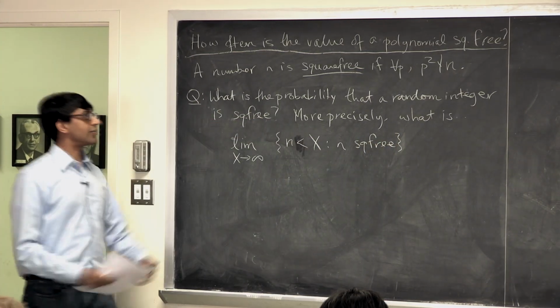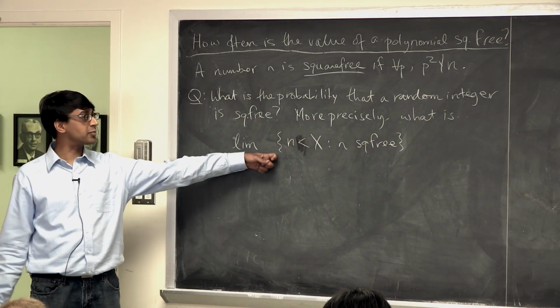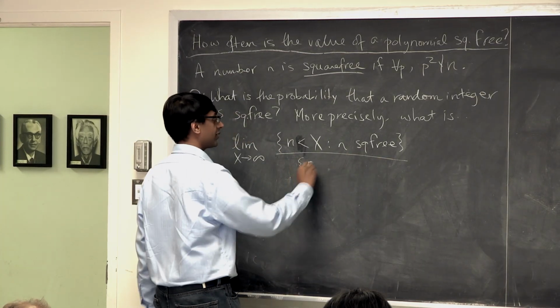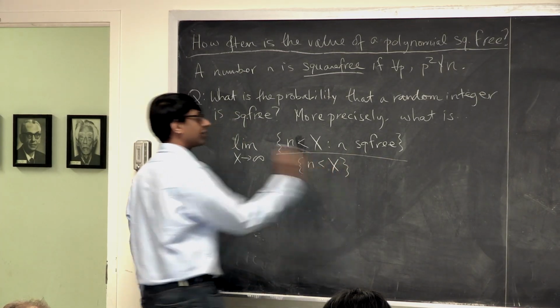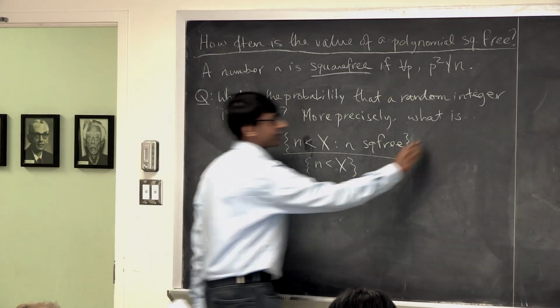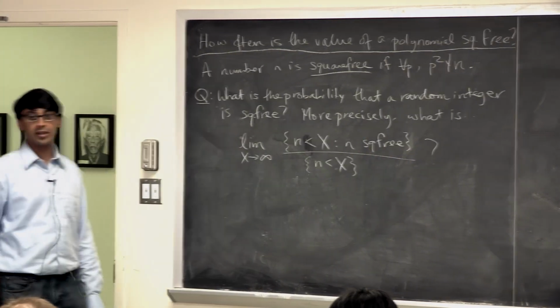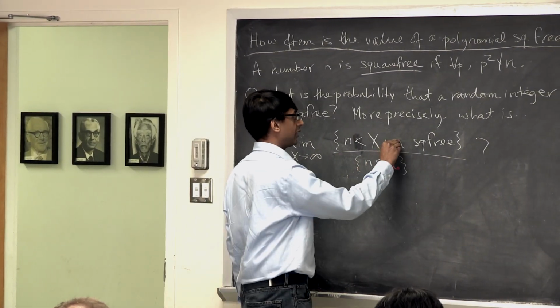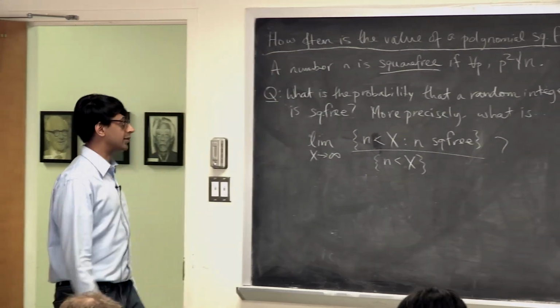So suppose you take the set of all natural numbers up to x that are square-free, and divide this by the total number of natural numbers less than x. And then you let x go to infinity. So what's the value of that? That's what we mean by probability of being square-free. It's just the density of square-free numbers in the natural sense.